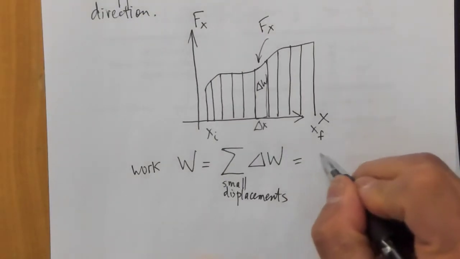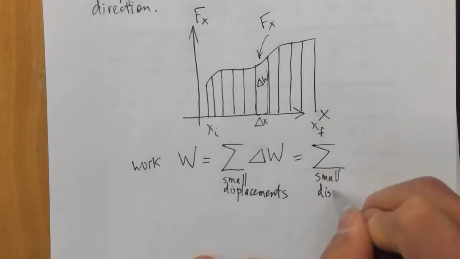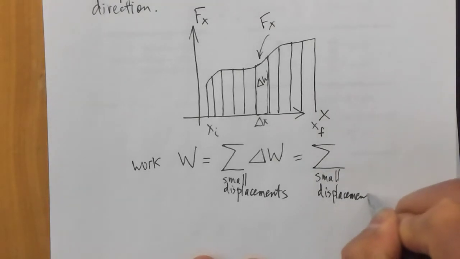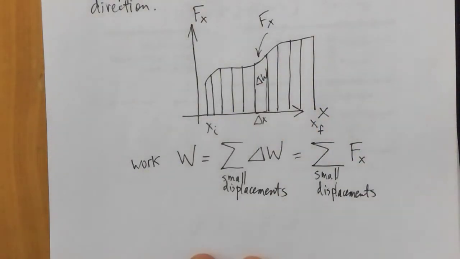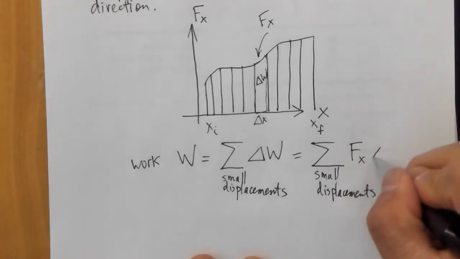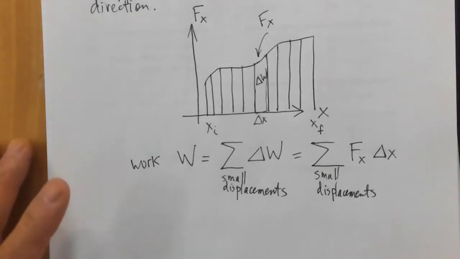For each small displacement, the work done will be Fx at this value of x times delta x. It's just the formula F times d, because Fx is in the x direction and delta x is also in that direction. There's no cosine, or the cosine of 0 is 1. Any questions about this?